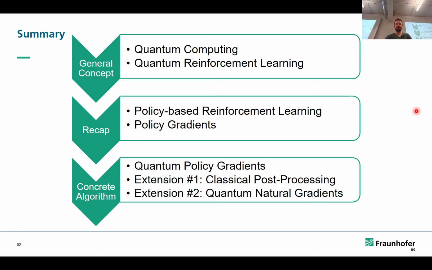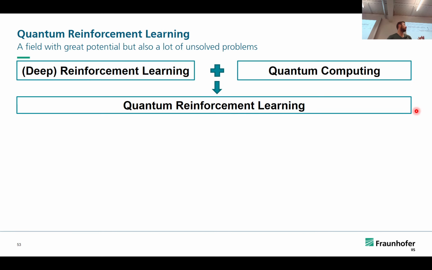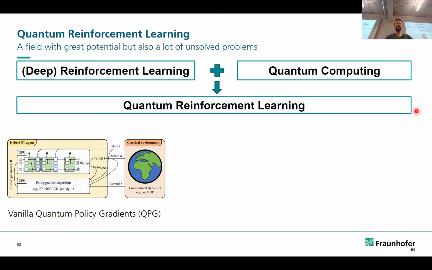So just as a broad overview, what we have learned today. We combined the two topics of reinforcement learning, deep reinforcement learning, and quantum computing, and took a look at different quantum reinforcement learning algorithms. We started with the, let's call it vanilla policy gradient or quantum policy gradient, where we just replaced the neural network with a variational quantum circuit.